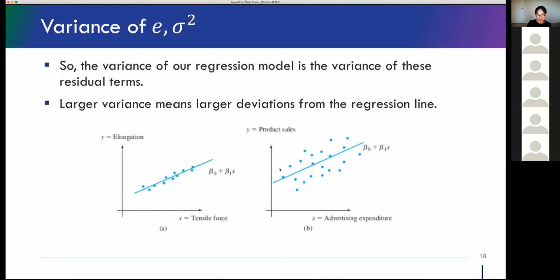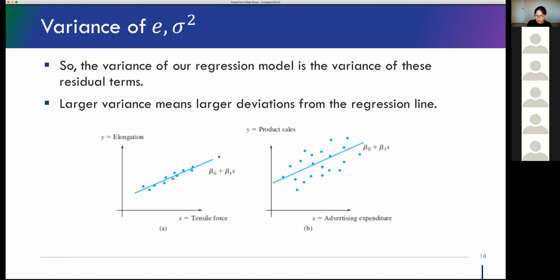To illustrate, from these two plots, this one clearly has a smaller variance for the regression model, because all these points are really close. The deviations are really small, so they're close to the line.